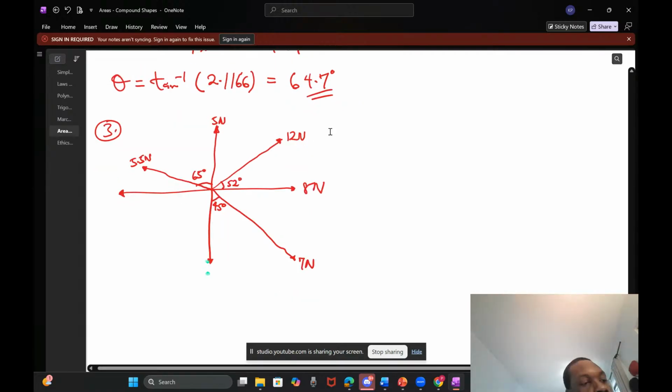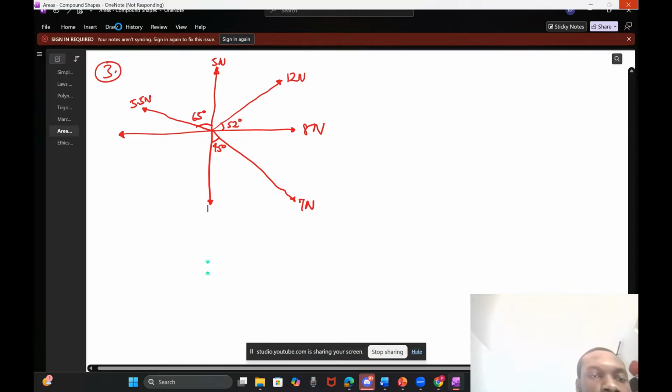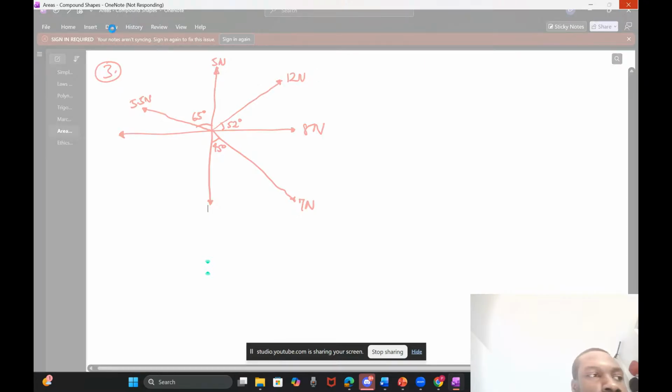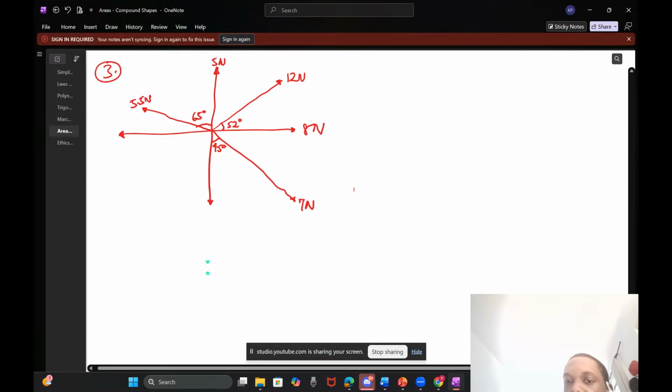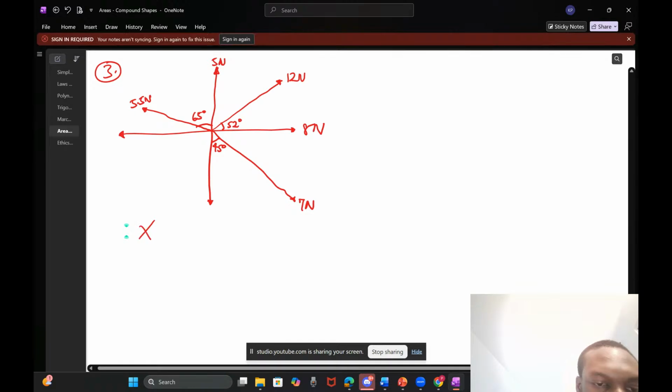Okay, so I'm going to split it into X component and Y component. I don't know what's going on with my pen. Okay, so this is X component.